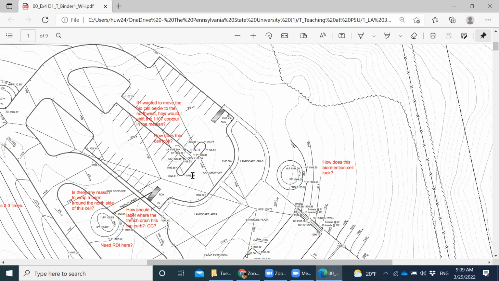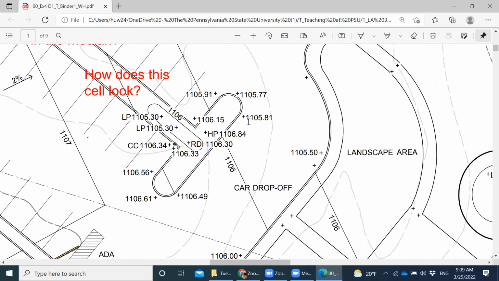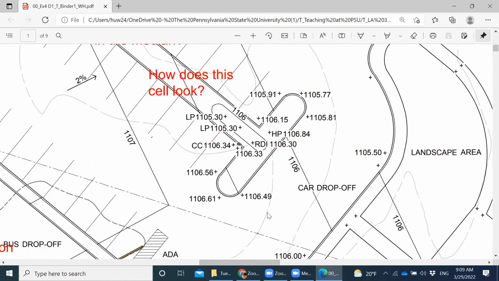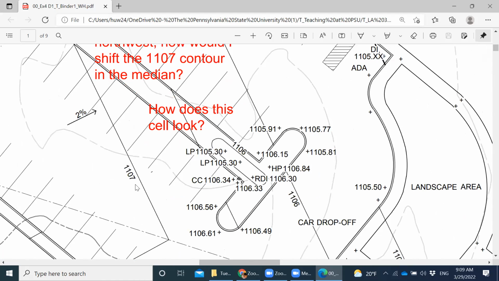Let's take a look at how this cell works. So 1107, 1106 point. Yeah, go ahead.